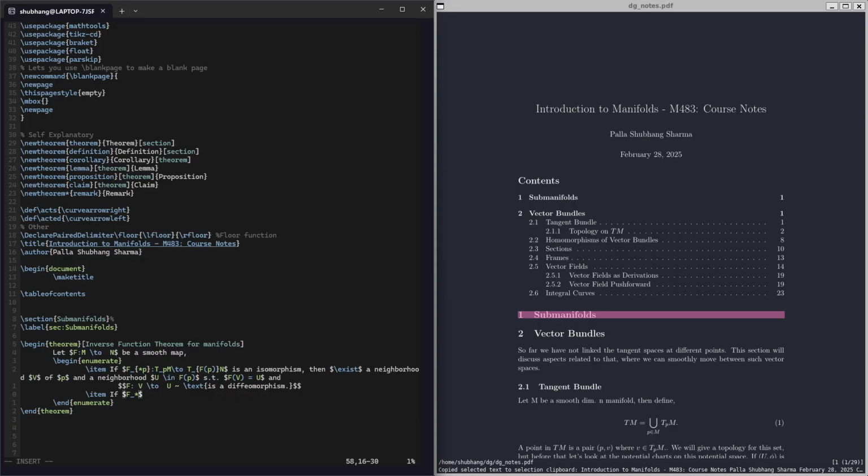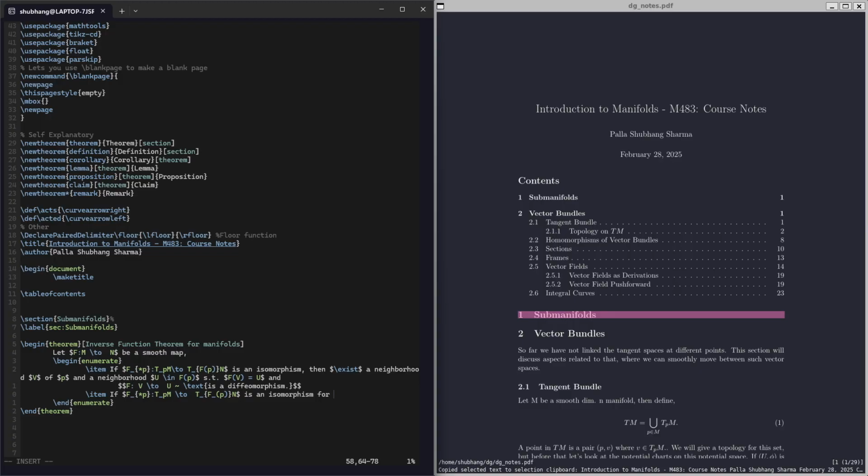The first statement is that at p, you can find a neighborhood around p. This is a simple local generalization of the inverse function theorem in Euclidean spaces.